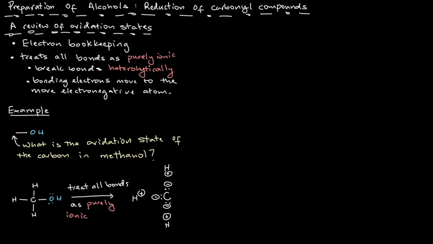However, carbon is also bonded to one oxygen through a single bond. And because oxygen is more electronegative than carbon, that C-O bond treated as ionic would actually place a positive charge on the carbon and a negative charge on the oxygen. And so if you sum up all the charges around that carbon, the oxidation state of that carbon in methanol is going to be -2.